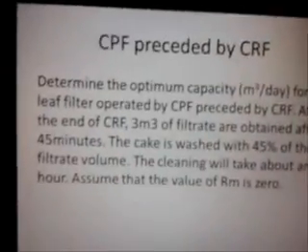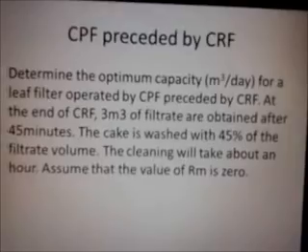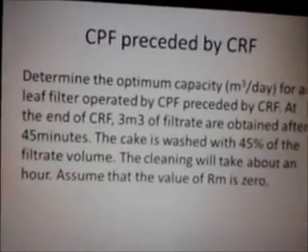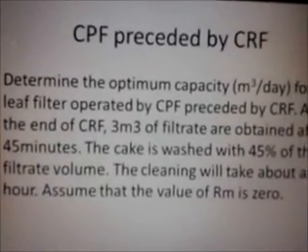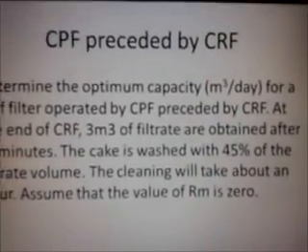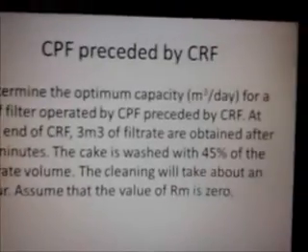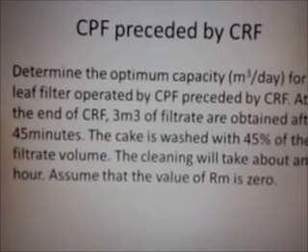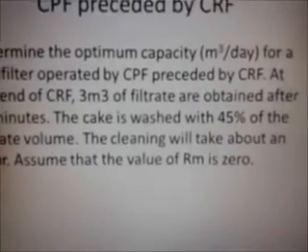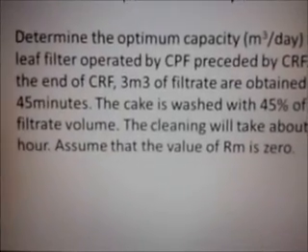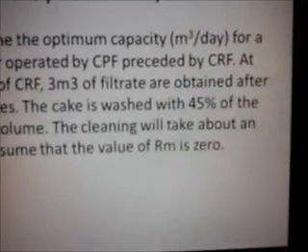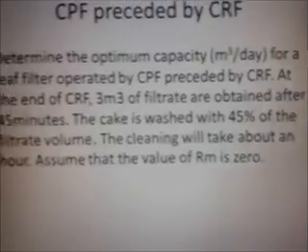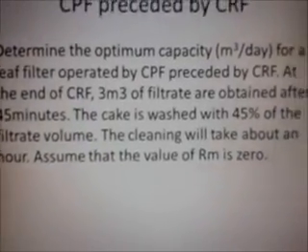So the problem reads, determine the optimum capacity for a leaf filter operated by CPF preceded by CRF. At the end of the CRF, 3 meter cube of filtrate are obtained after 45 minutes. The cake is washed with 45% of the filtrate volume.